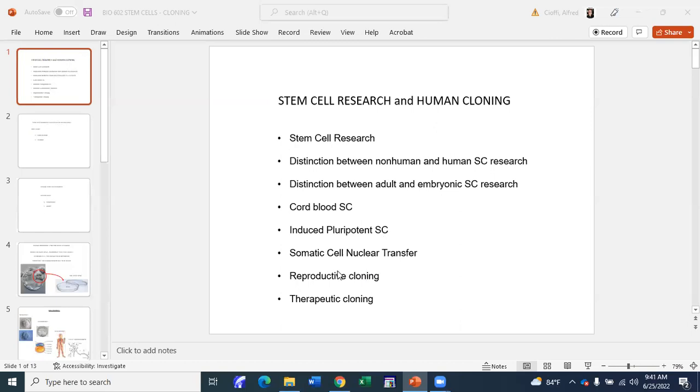Then cloning, which technically is somatic cell nuclear transfer, or just nuclear transfer. It's the technical term for cloning. And the two types of cloning, according to their purpose or intention: reproductive or therapeutic cloning. So let's go right into it.